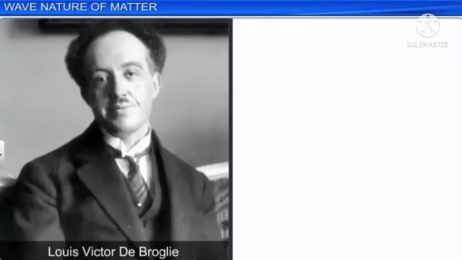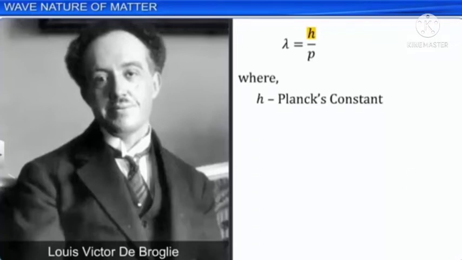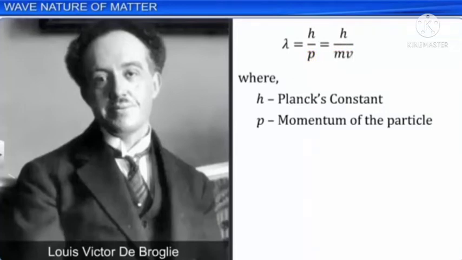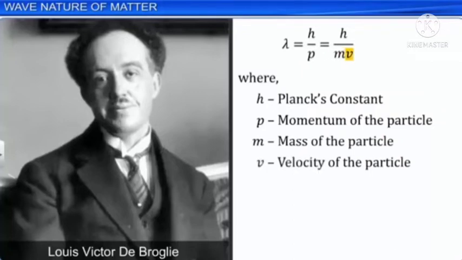De Broglie proposed that the wavelength lambda associated with the particle is equal to h divided by p, where h is Planck's constant and p is the momentum of the particle. But p is equal to m multiplied by v, where m is the mass of the particle and v is the velocity of the particle.